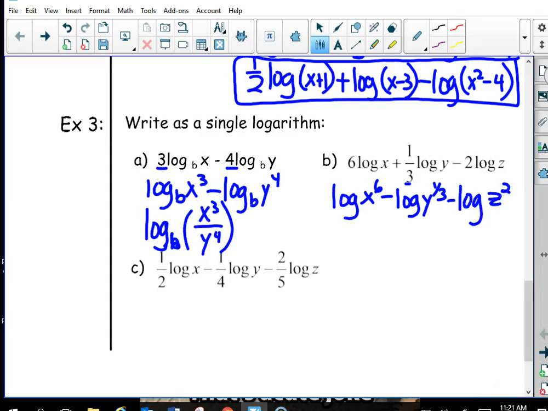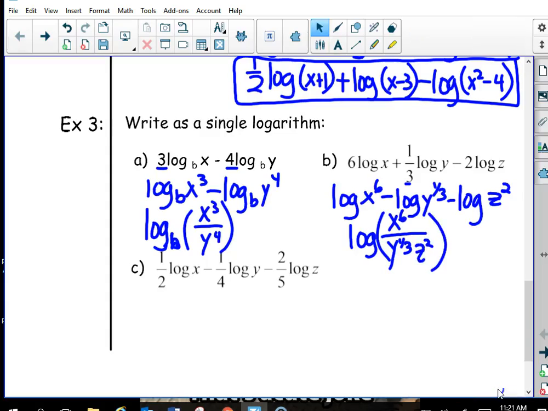And we're going to put x to the 6th in the numerator and everything else in the denominator. Now, I'm not sure if they require you to enter that y to the 1/3 as a cube root. You can, I think they'll accept that fractional exponent though.